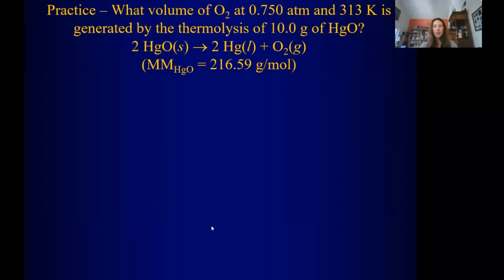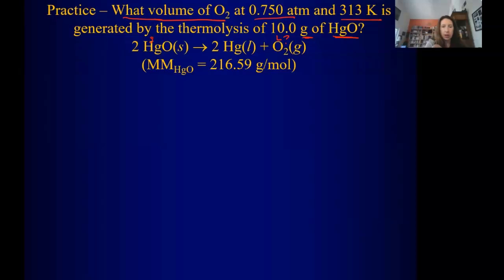Okay, so let's start this. Seeing a few come through here. So when we see this one, we see volume of oxygen. So it says what volume of oxygen? So this is what we want. We want liters of oxygen. And they're giving us a pressure, a temperature, and then grams of HgO.